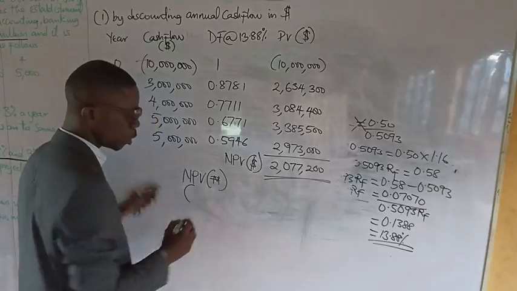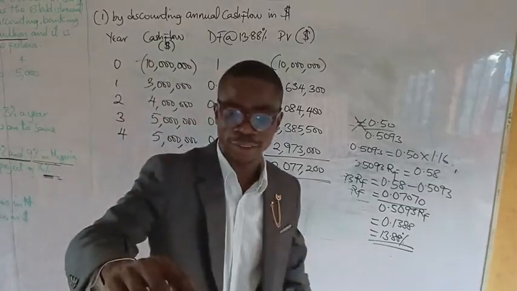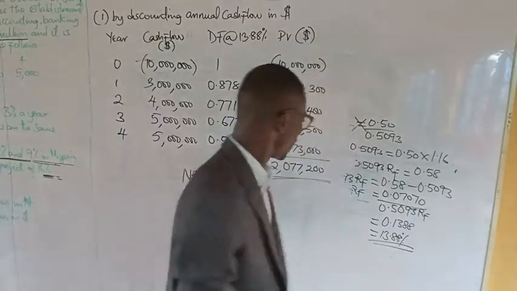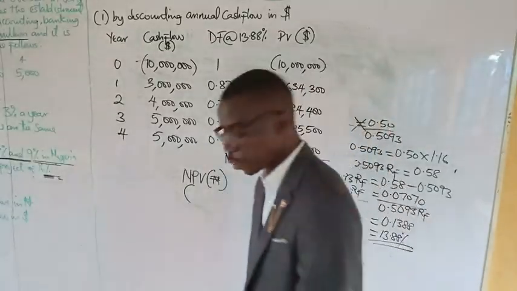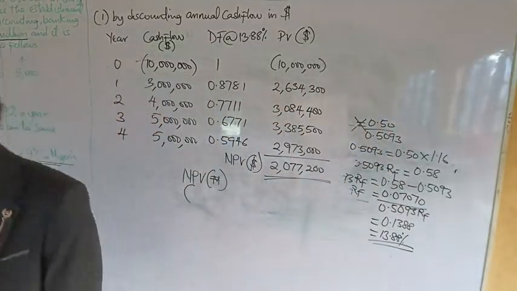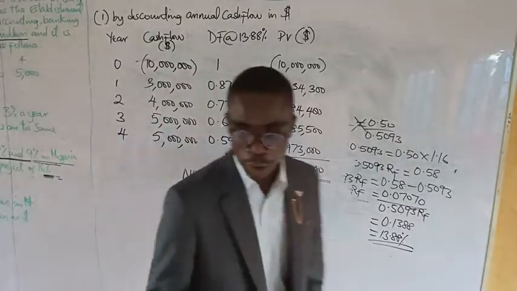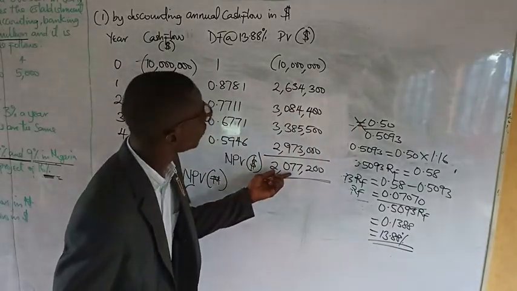What's the spot rate? The spot rate is 0.5 now. 50 kobo. It's 0.5 naira. You remember now? Don't forget that this is in dollars.